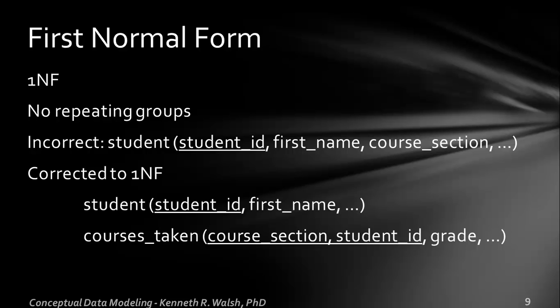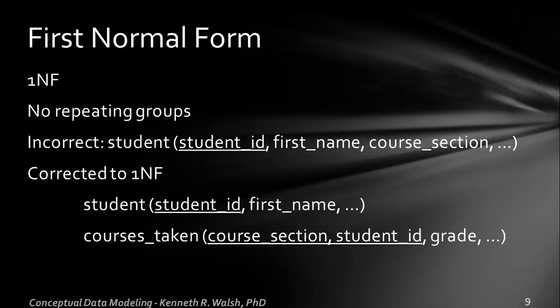Course section was pulled out of that, and we made up a new relation called courses taken. The primary key is a compound primary key combining the course section number and the student ID.